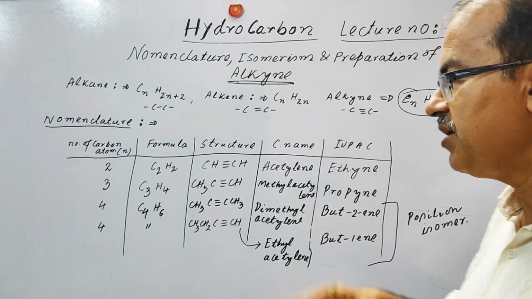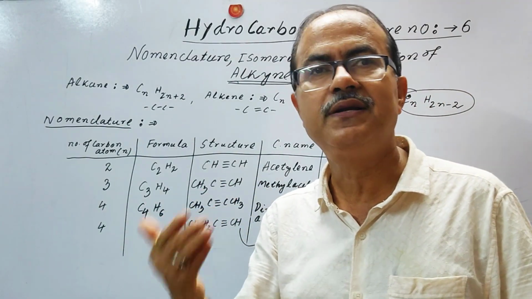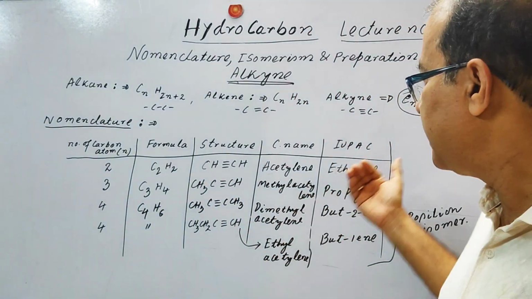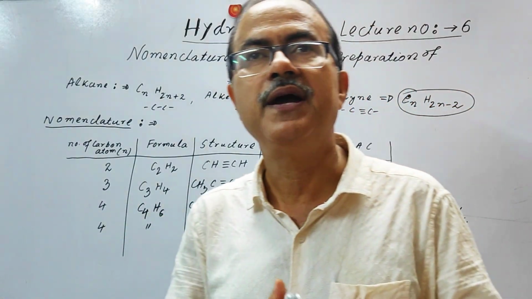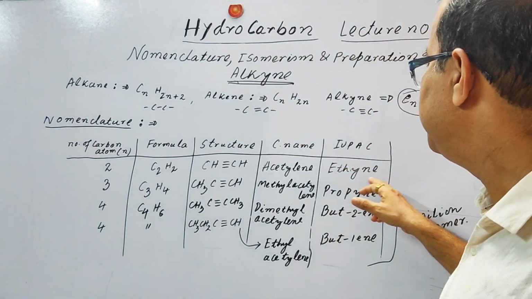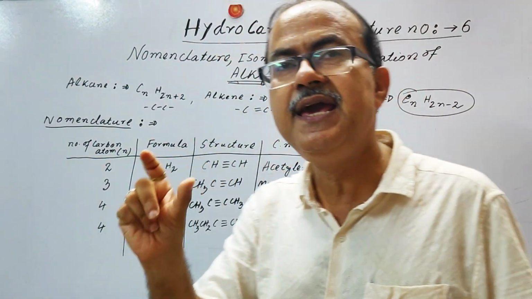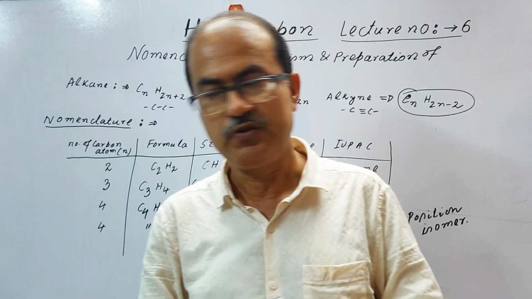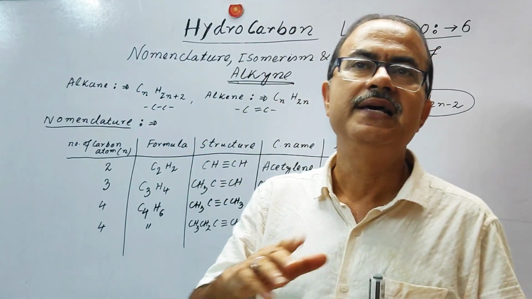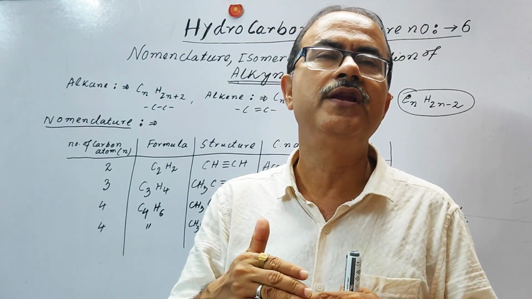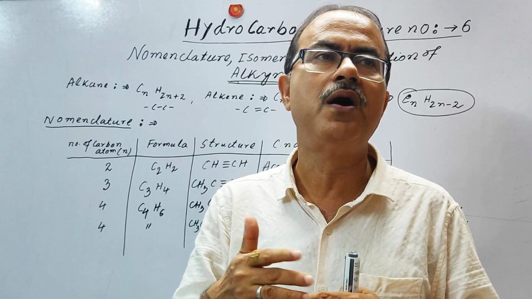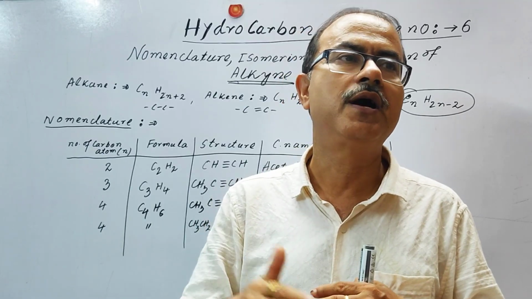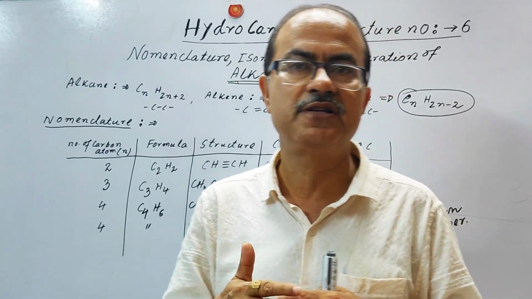For the IUPAC name, we have to see from which alkane it has been produced, and from that we derive it by replacing the ANE word by YNE. Now we are going to discuss again when the carbon atom number is 5, how many structures are possible, and when it is 6.